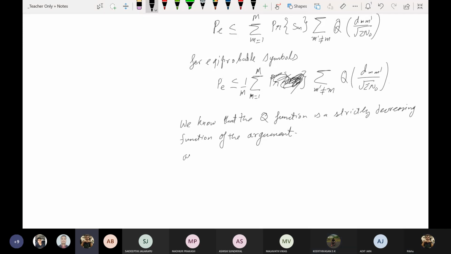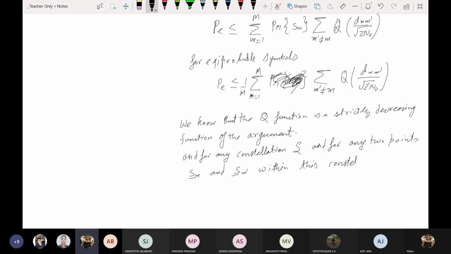And for any constellation S and for any two points S_m and S_m' within this constellation, d_mm'.